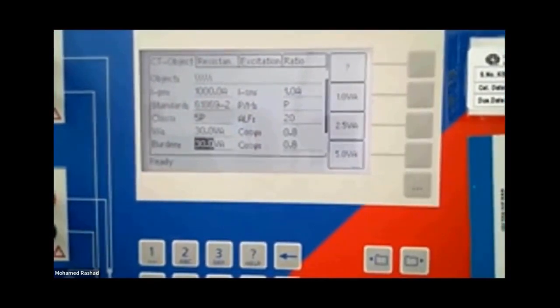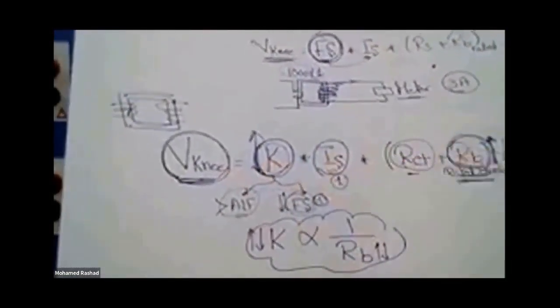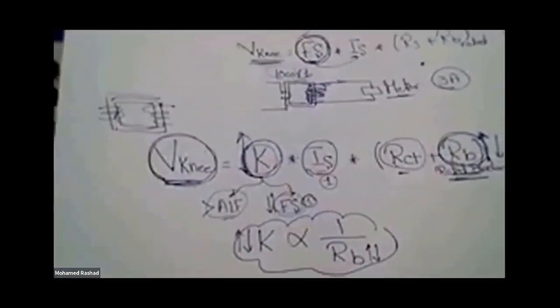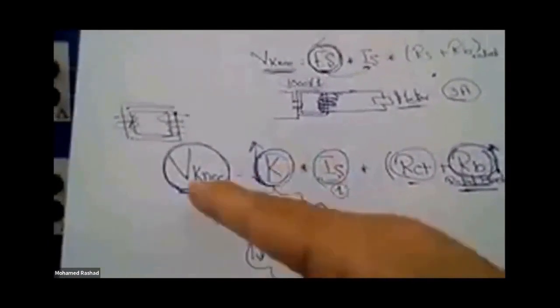Very nice, okay? So what's the idea? Let's understand what the idea is. The idea, quite simply, is based on the equation we talked about yesterday when discussing our factors, whether it's the accuracy factor or the safety factor. We said that the knee point voltage equals a certain factor times the secondary current times the RCT plus the rated burden, and we agreed that in the protection core, the knee point is supposed to be a fixed value according to your core.